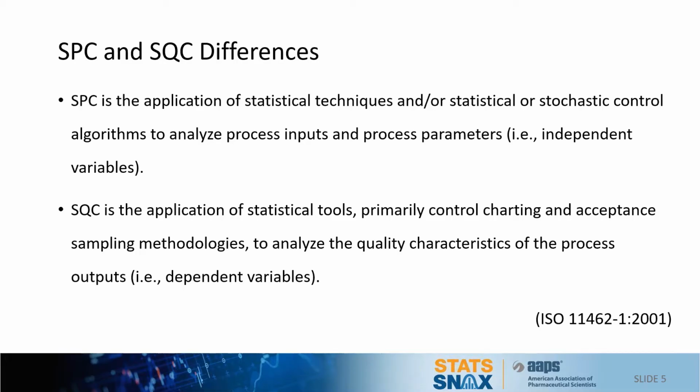SQC is the application of statistical tools, primarily control charting and acceptance sampling methodologies, to analyze the quality characteristics of the process outputs, those dependent variables, our finished product specifications.